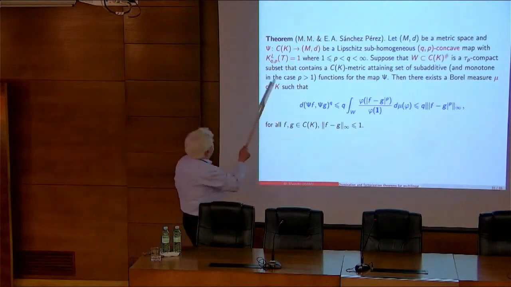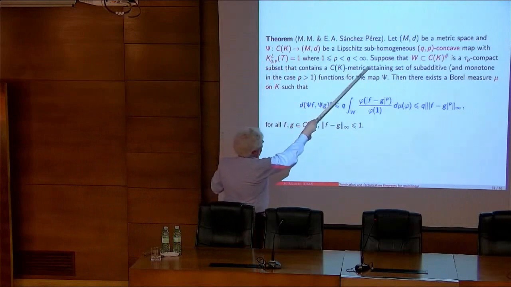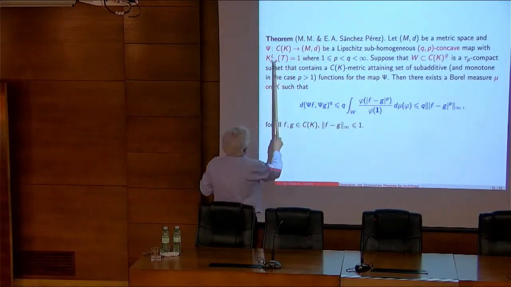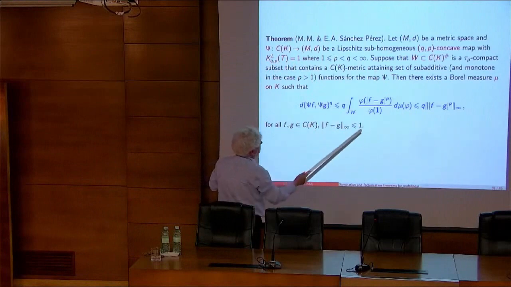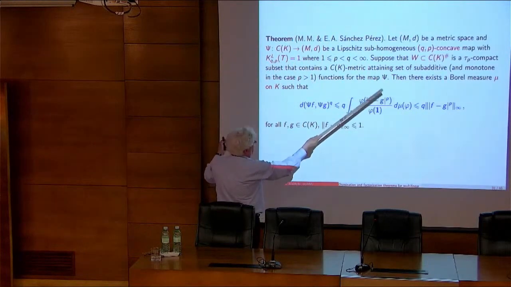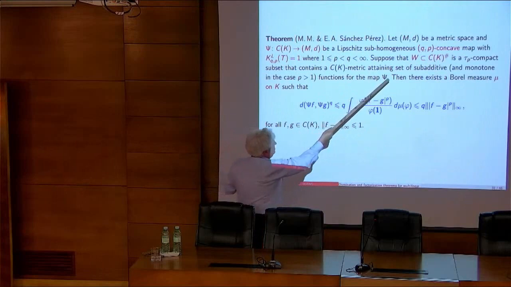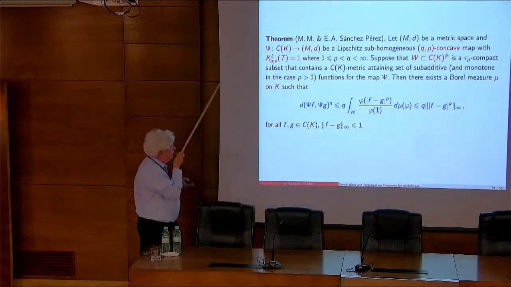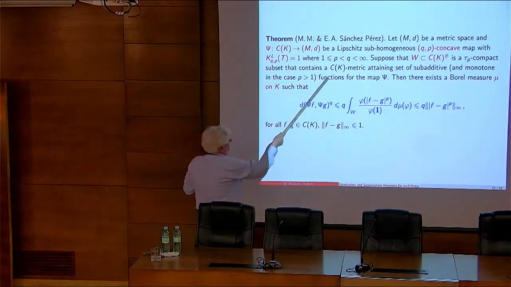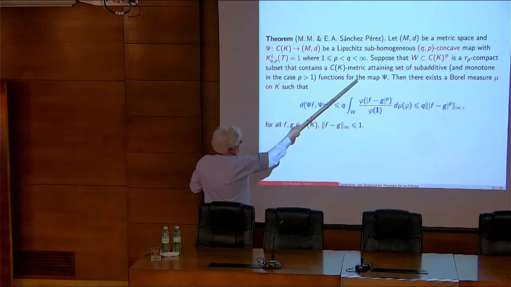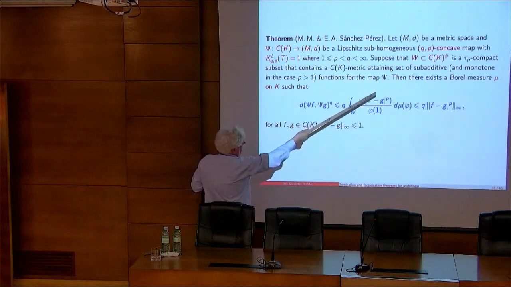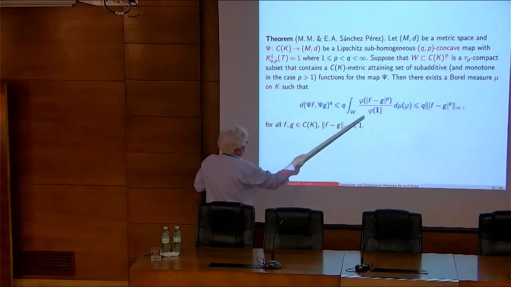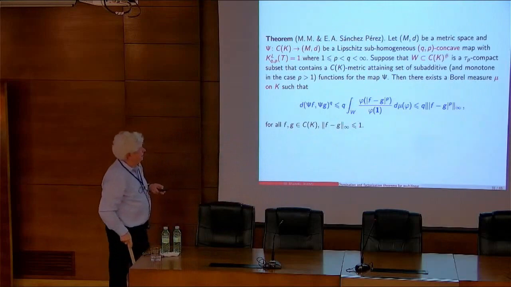If we have a metric space and a Lipschitz subhomogeneous QP concave map, let's say with constant 1, and this subset we also require to be compact with respect to the pointwise topology, and if this attains the CK metric attaining set of subadditive and monotone, then there exists a Borel measure for which we have this kind of domination.